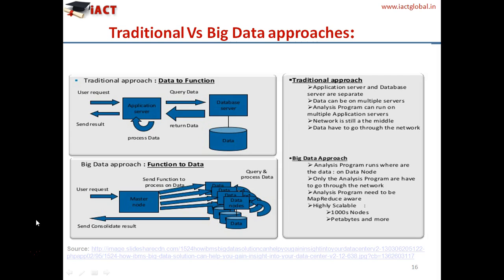So this is the big data approach and the traditional data approach. In the traditional approach, data is sent to the function, so the data has to go over the network. In the big data approach, only the function that will be doing the processing is sent to the data nodes, and no data is transferred across the network.